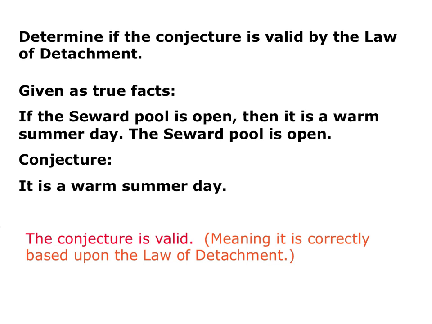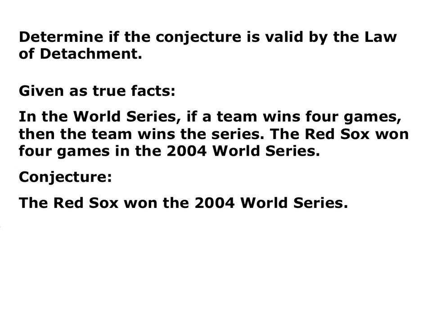Let's try another one. In the World Series, if a team wins 4 games, then the team wins the series. The Red Sox won 4 games in the 2004 World Series. Is the conjecture valid? The Red Sox won the 2004 World Series. Now think of it as what's P, what's Q? What's P? Read the if-then statement. Okay. Win 4 games. What's the Q?